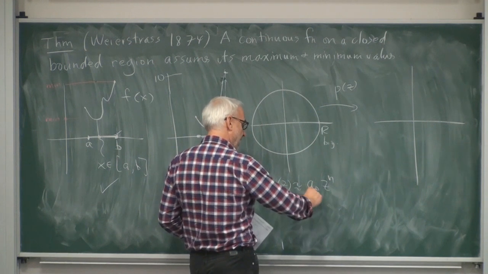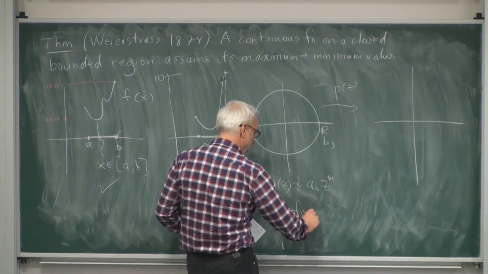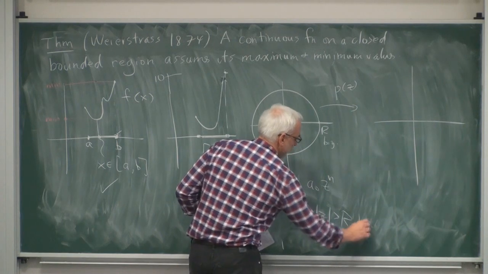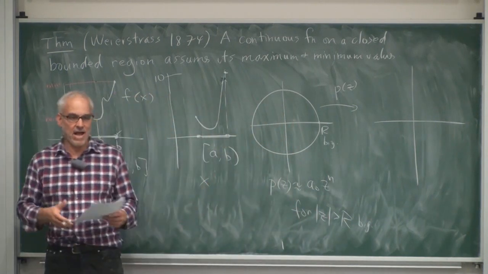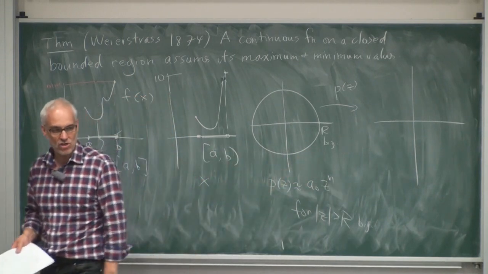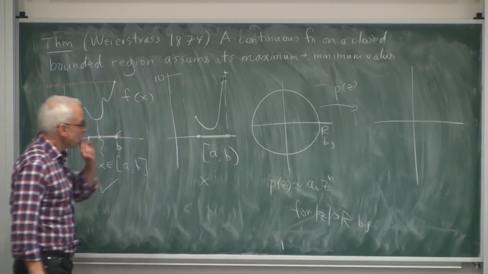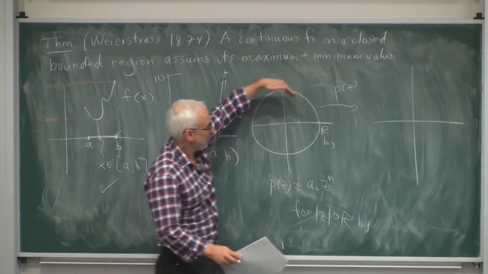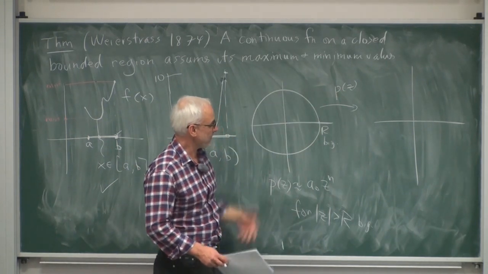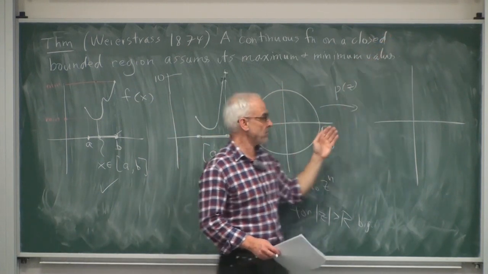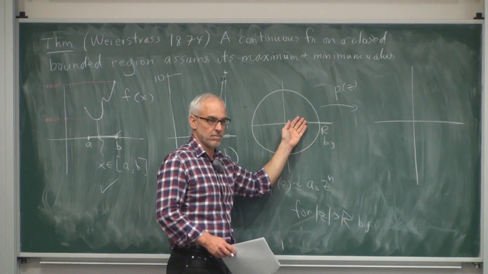So it behaves a lot like a0 z to the n for mod z bigger than some big r. Because when you look at very big values, the first term dominates and all the other ones are relatively inconsequential. Meaning that if you're outside this region here, then the image of the outside is going to be far away from what's happening inside here.